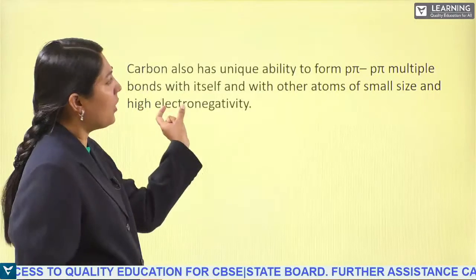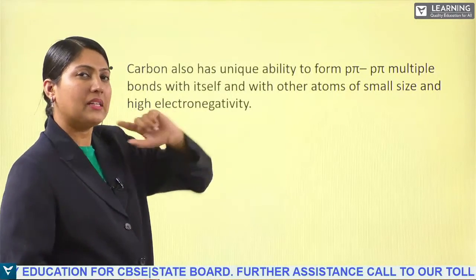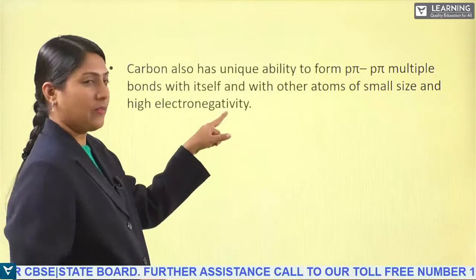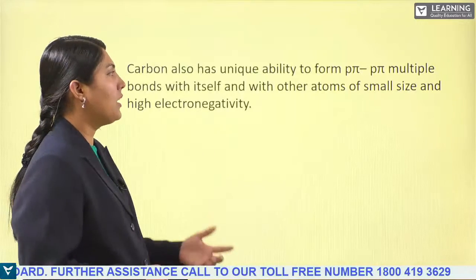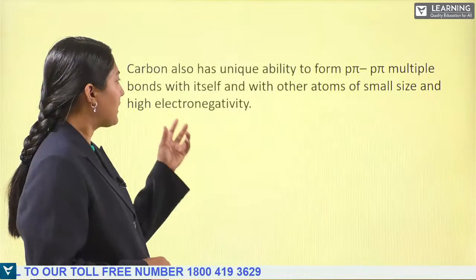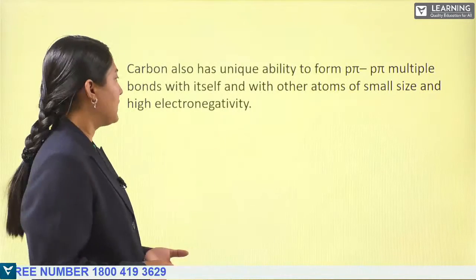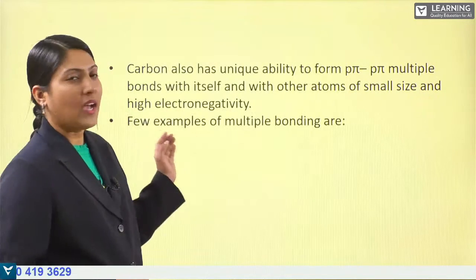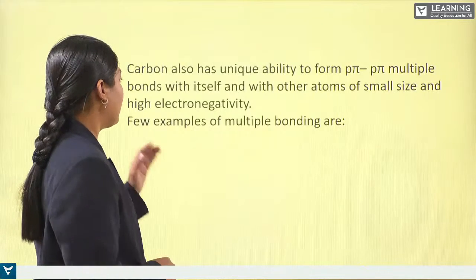You can see it can form p-pi multiple bonds with itself, that is, between the same carbon atoms, even though they are of small size and highly electronegative in nature.